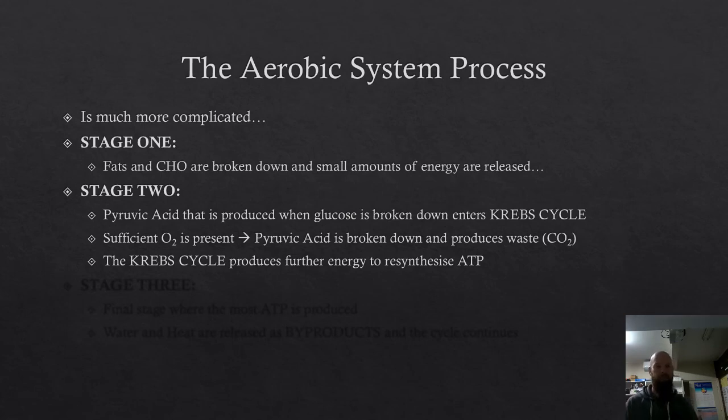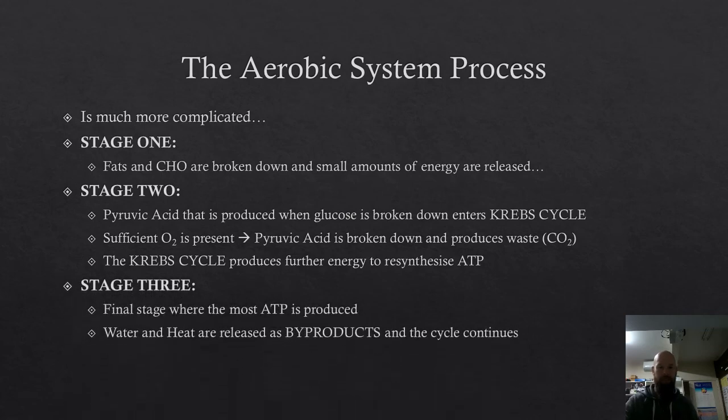Okay, if you have oxygen present, so the energy system has been working for some time and that intensity is low enough, then the pyruvic acid gets broken down, and it produces a waste product, which is carbon dioxide. And then in the Krebs cycle, we're able to produce more ATP for exercise to continue.